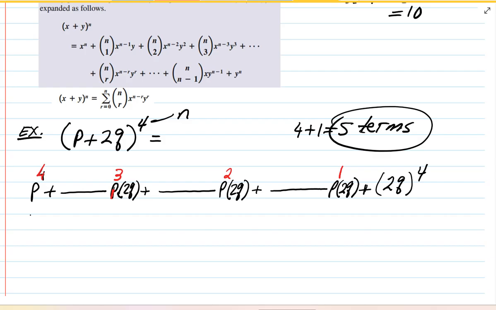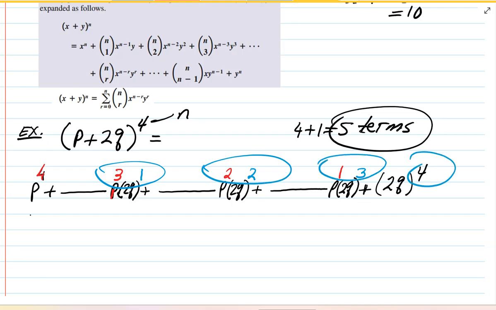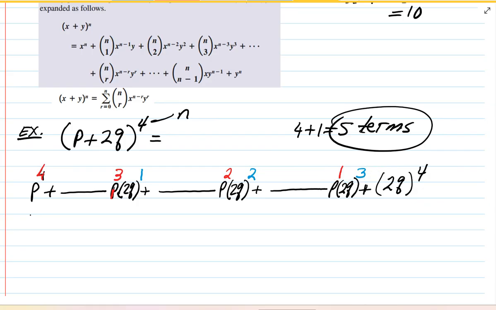And what about the exponent on 2q? Starts with 1, then you increase by 1, increase by 1. Look at the exponents. 3 and 1, 4. 4, 4, 4, 4. Isn't that what n is? n is 4, right? So that's just a quick check for me to make sure I did this right.